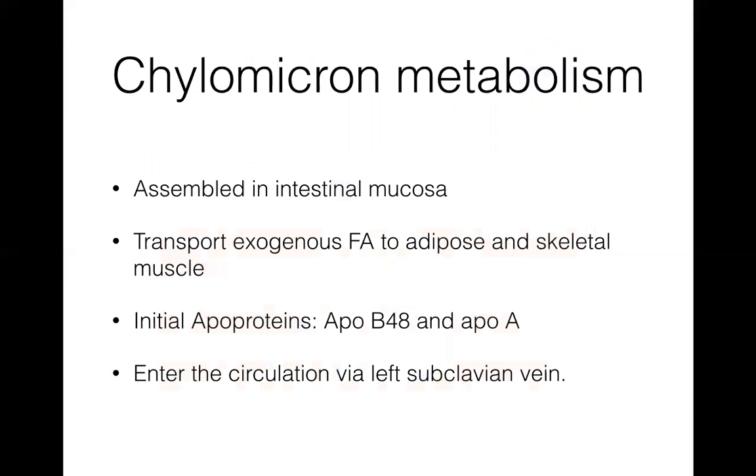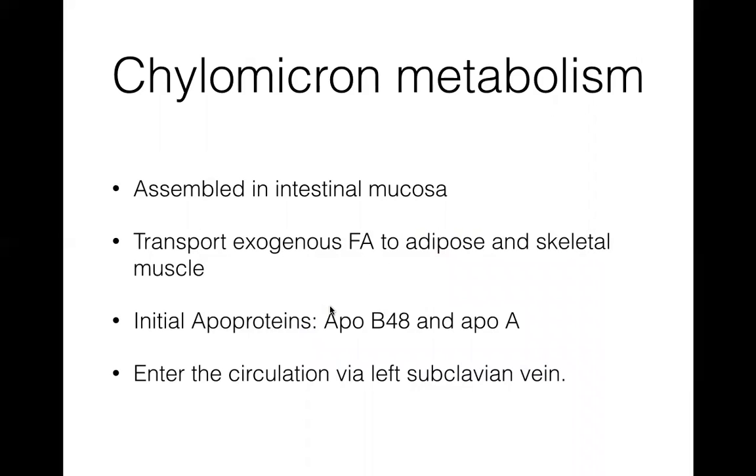Let's recap now the metabolism of chylomicron. We all know that it is produced or assembled in the intestinal mucosa. Its function is to transport exogenous lipids such as fatty acids to adipose tissue and muscle such as skeletal as well as cardiac muscle.